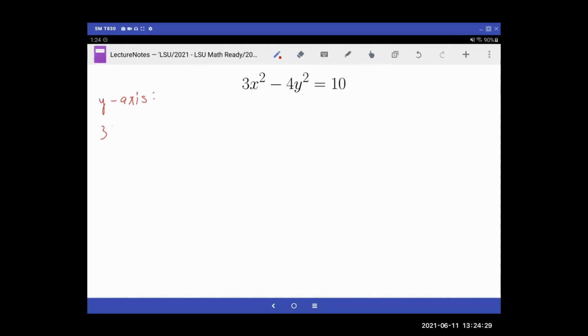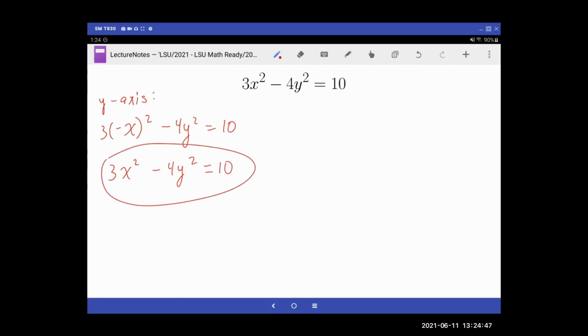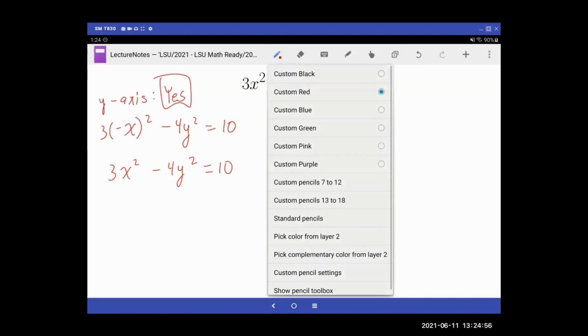Change the x to a negative x. Leave y alone. Negative x squared is a positive 3x squared. Okay, let's compare that to the original. It's the same, right? So this one has symmetry with respect to the y-axis.